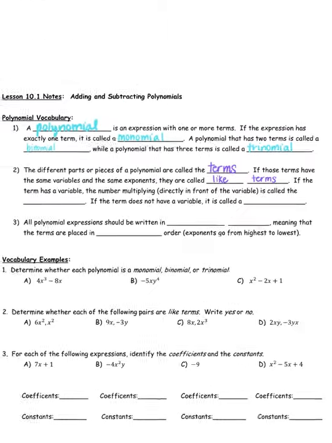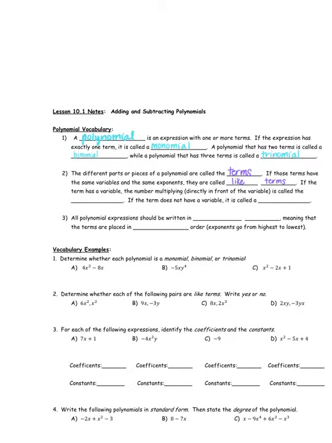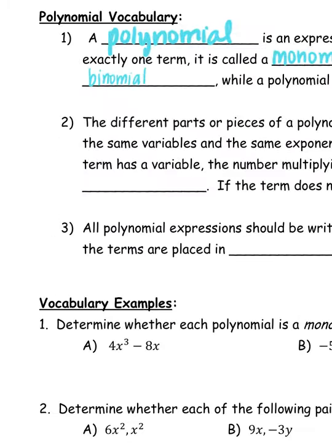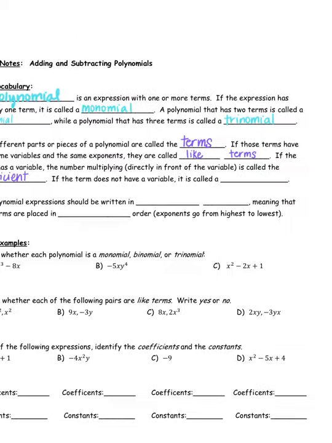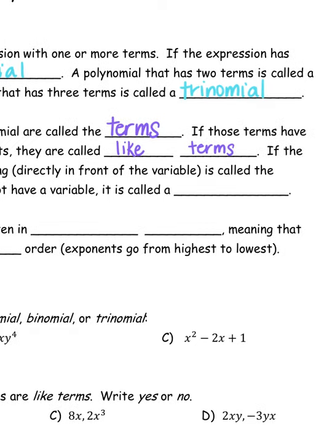And this is when we combined like terms. We did this at the beginning of the year, and we did this even a little bit when we worked with exponents. If the term has a variable, the number multiplying, so the number directly in front of the variable, is called the coefficient. And if the term does not have a variable, it's called a constant.